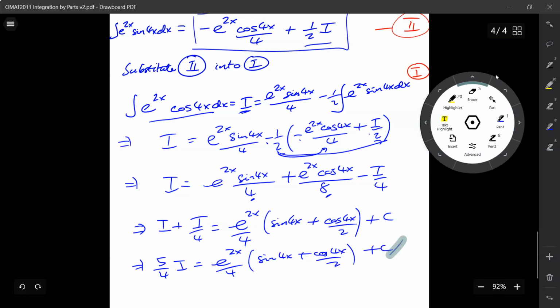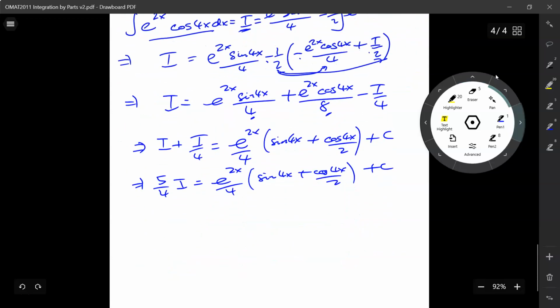Then I can just bring the 4/5 over. If I divide by 5/4, it's the same as multiplying by 4/5. If I multiply both sides by 4/5, the left-hand side will disappear, and I have exponential 2x over 4 times sine 4x plus cosine 4x over 2 plus c.